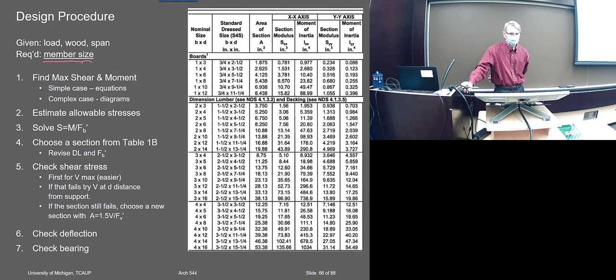Okay, so to get the member size, we've probably got to solve the moment equation, or the stress equation, in terms of the section modulus, and then go to some table like this and pick a section modulus.